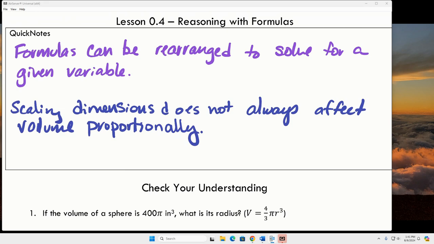All right, and a lot of times with these volume formulas, I'll give you the formula because it's a whole lot to remember.